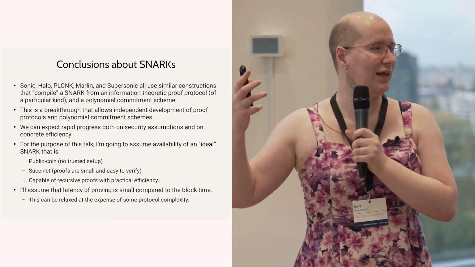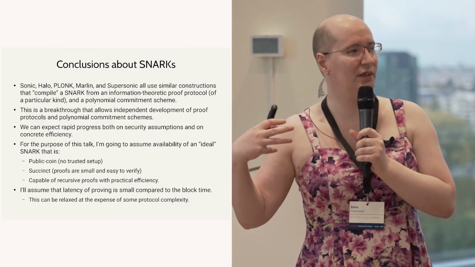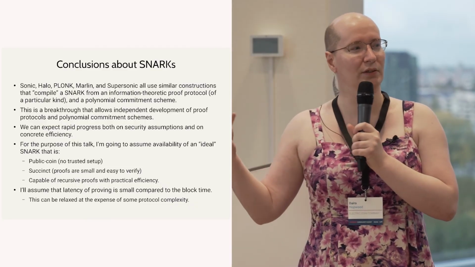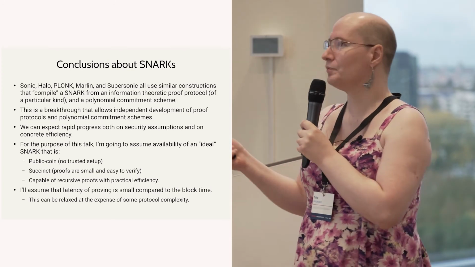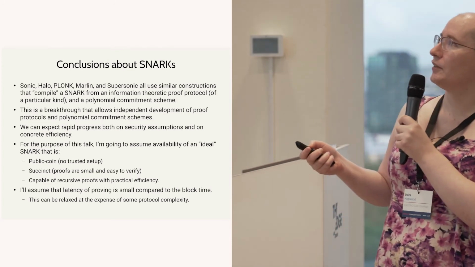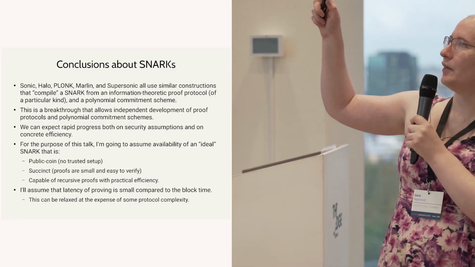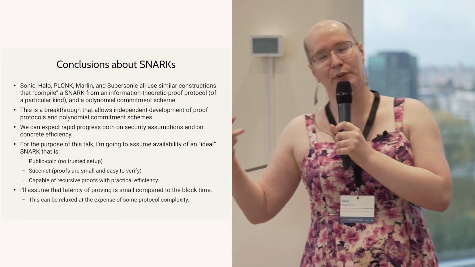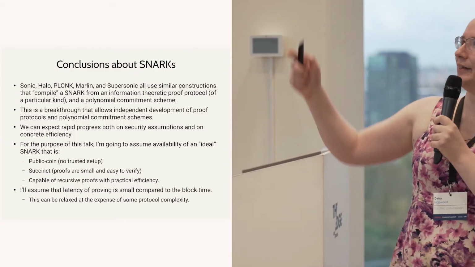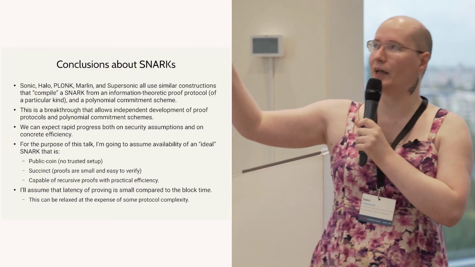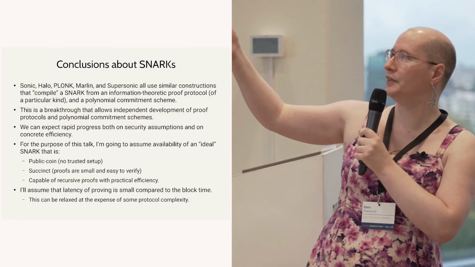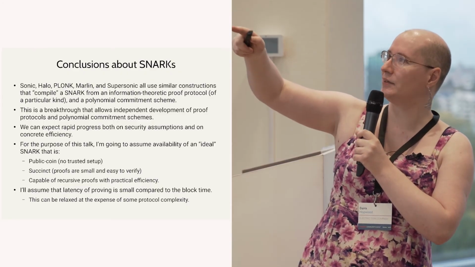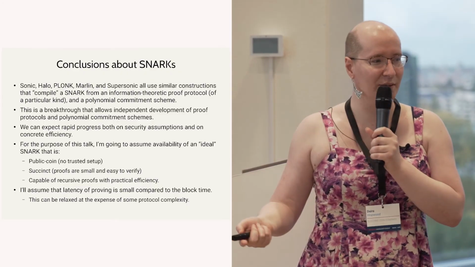Whereas Supersonic has proofs of less than 10 kilobytes for, say, 1 million gates. A lot of this innovation in proof systems has been enabled by this idea of splitting the SNARK protocol into an information theoretic part and a polynomial commitment scheme.